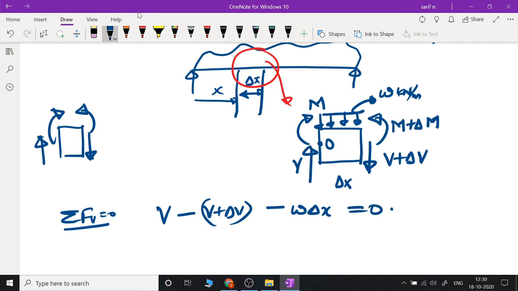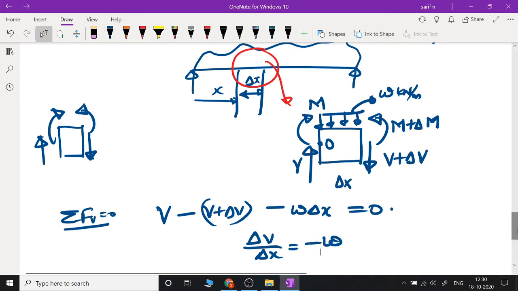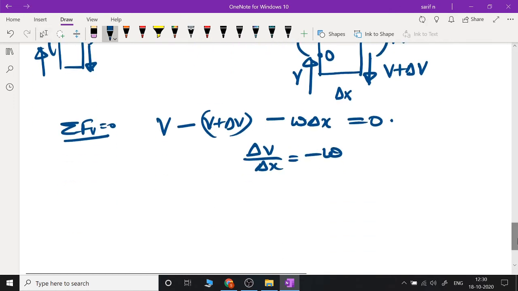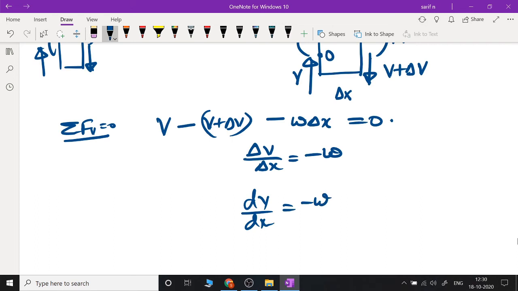So V and V are going to cancel. We are going to get delta V by delta x is equal to minus w. Now if you apply the limits as delta x tends to 0, we will get a relationship as dV by dx is equal to minus w.